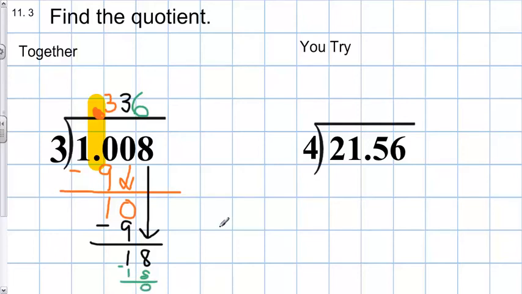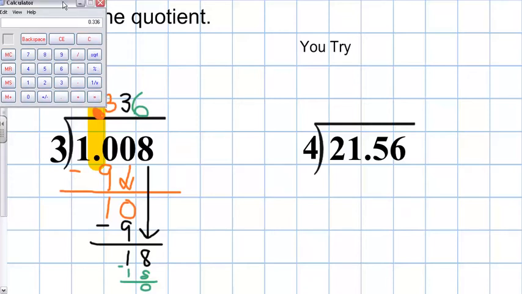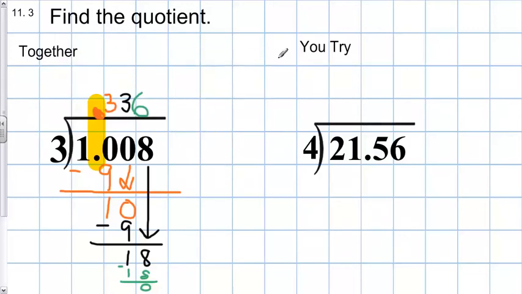So my final answer is 336 thousandths, or 0.336. And we can check that by taking that into the calculator. And I see that my final answer is 0.336.